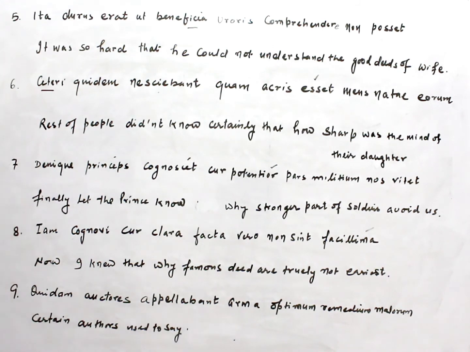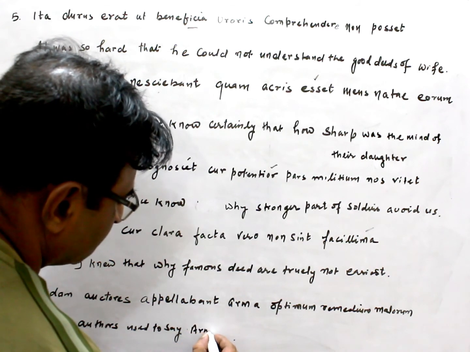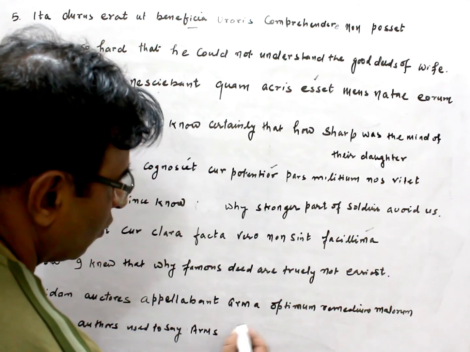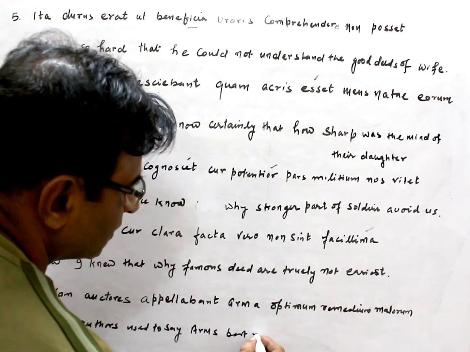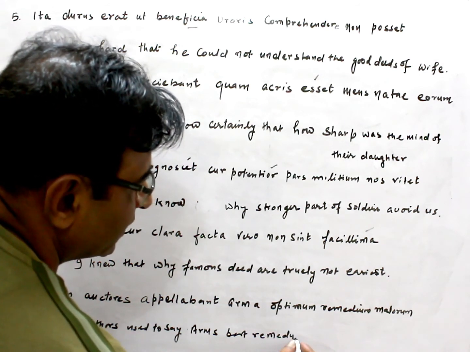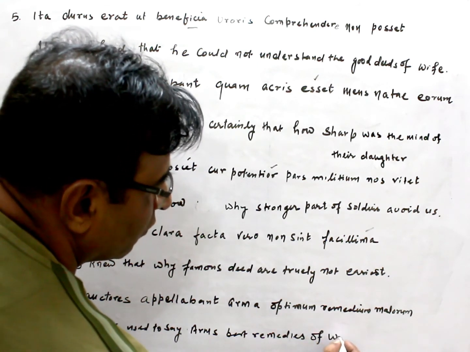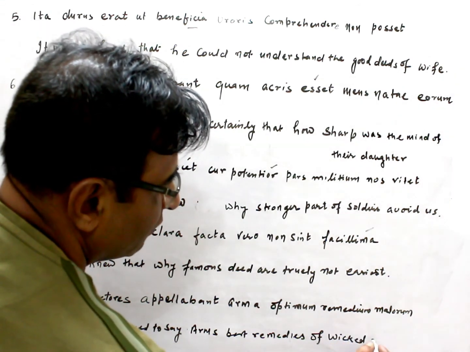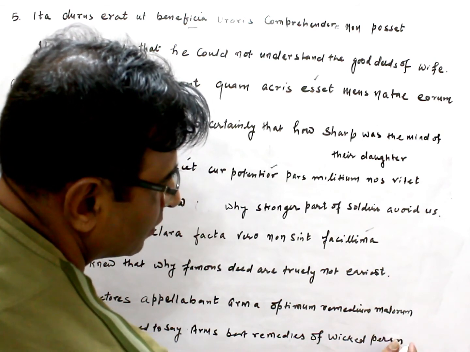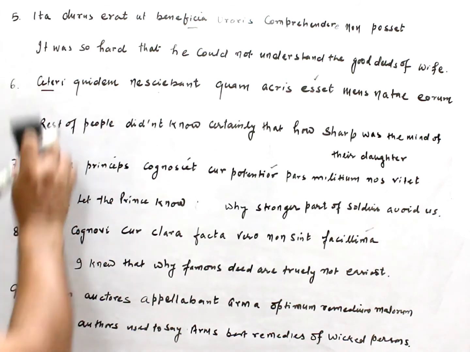Just simply we can say arms, optimum is best remedies of evil or wicked person. So this is the way.